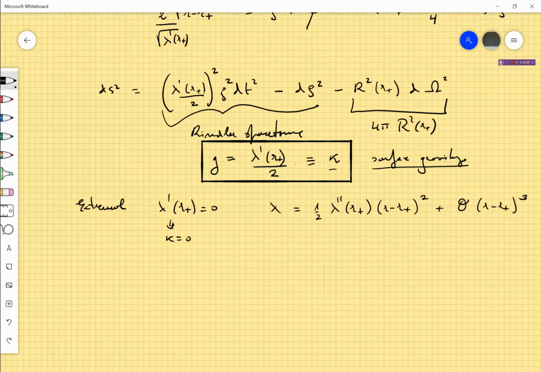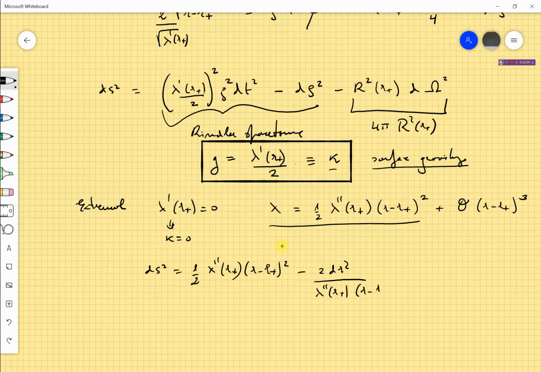You substitute this into the metric, remember, and well, you get a half of lambda second r plus r minus r plus squared dt squared minus dr squared divided by a half of lambda second r plus r minus r plus squared minus R squared of r plus d omega squared.